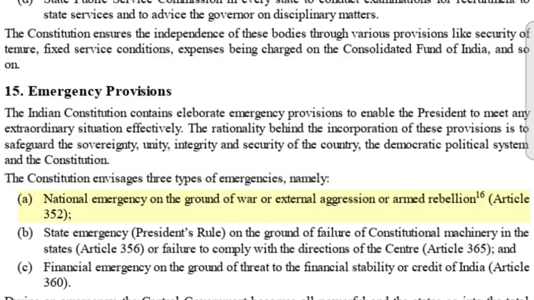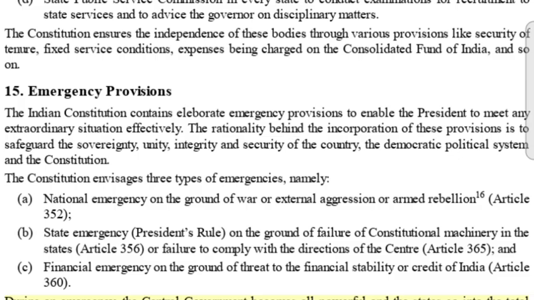National emergency on the ground of war or external aggression or armed rebellion, Article 352. b. State emergency, President's rule, on the ground of failure of constitutional machinery in the states, Article 356, or failure to comply with the directions of the center, Article 365, and c. Financial emergency on the ground of threat to the financial stability or credit of India, Article 360.